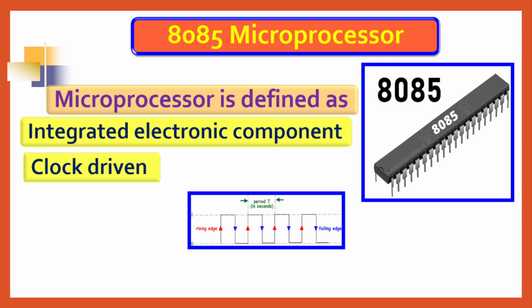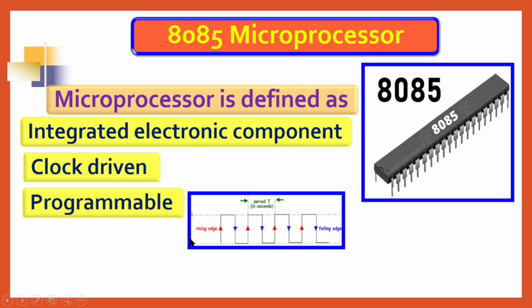The gigahertz plays an important role in deciding the performance of the device, because frequency and time are inversely proportional. If the frequency is high, the time period is very small. A microprocessor takes a number of clocks to complete one instruction execution. If your clock time period is very small, it will complete instruction execution very quickly. In this way the overall performance of the system will improve. So that's the clock driven device.